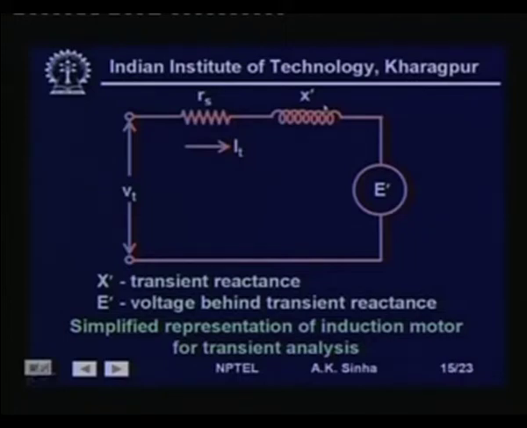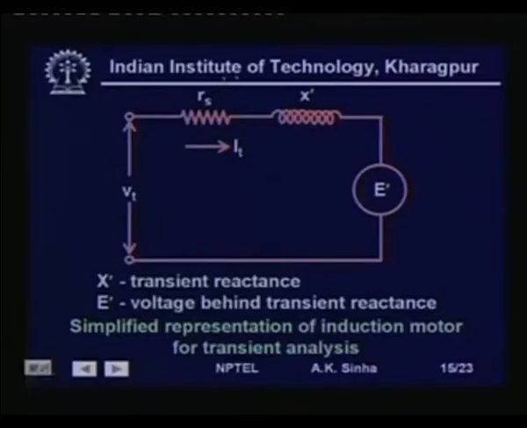Now, the transient reactance of an induction machine is very much the same as the blocked rotor reactance of the induction machine, and this voltage E dash is the voltage behind the reactance of the machine, which is basically what we can call the voltage generated by this machine or the air gap voltage.